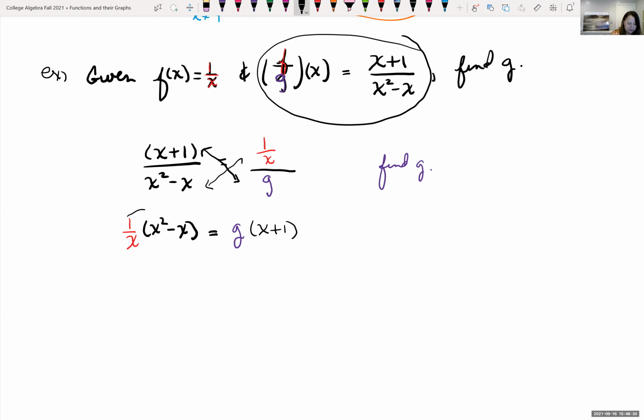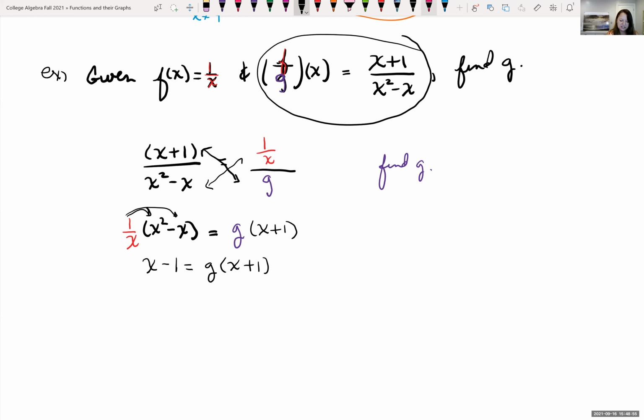Notice if I distribute my 1 over x to x squared minus x, our x's are going to go away. So x squared over x, that's just a single x. Minus x times 1 over x, the x's cancel, and that just gives me a 1. Equals g all times x plus 1.